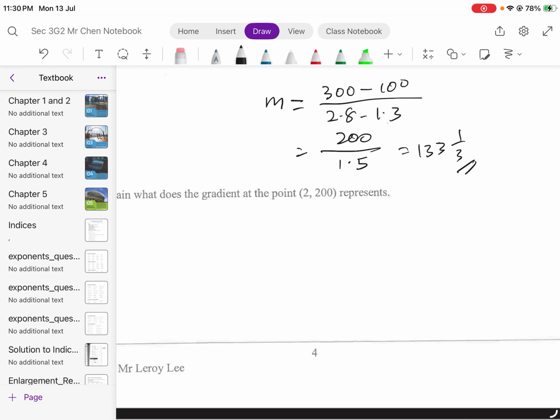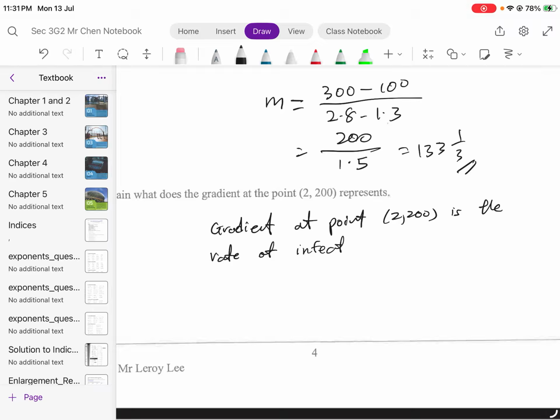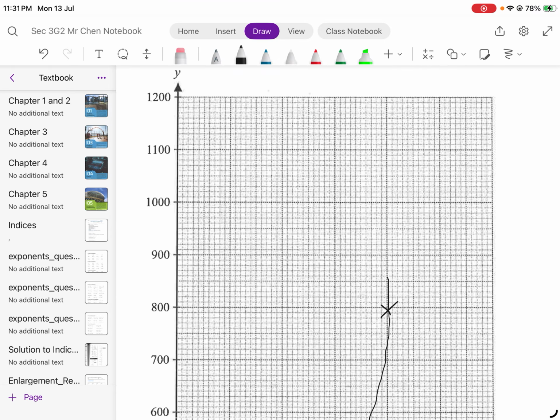So the gradient at point (2, 200) is the rate of infection. At that point you are seeing around 133 zombies appearing per hour.